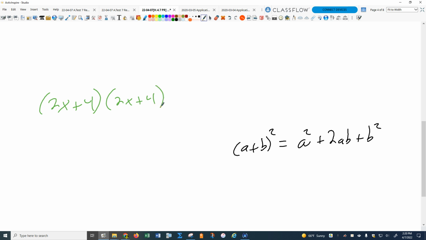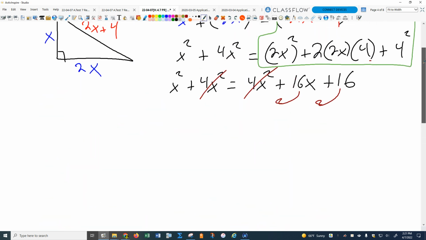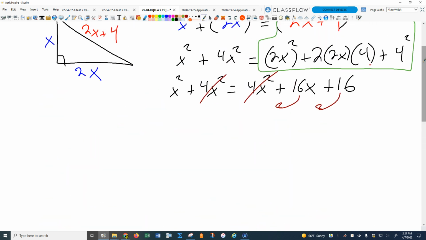I could just distribute the 2x, and that's going to give me 2x times 2x is 4x squared. 2x times 4 is 8x. Distribute the 4. 4 times 2x is 8x. 4 times 4 is 16. Isn't that part right there just a 16x? Right? So 4x squared plus 16x plus 16, right there. Okay? If you do it that way.